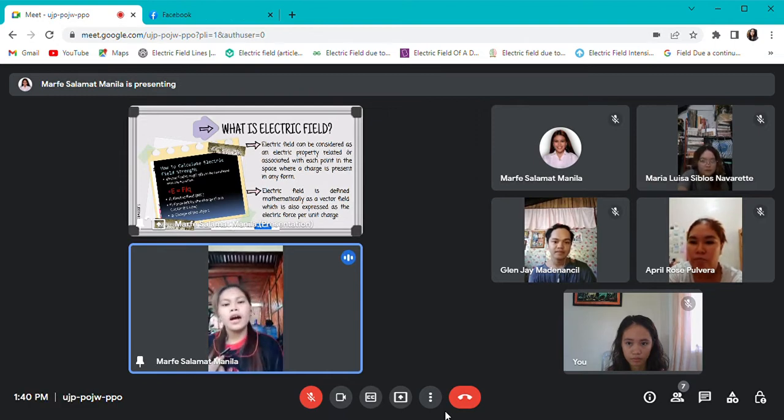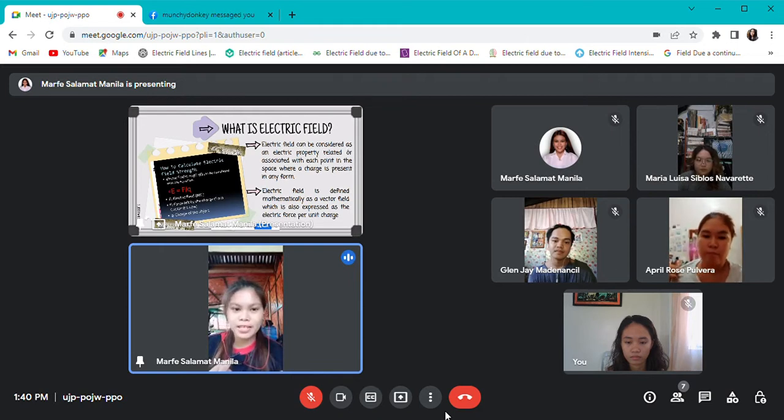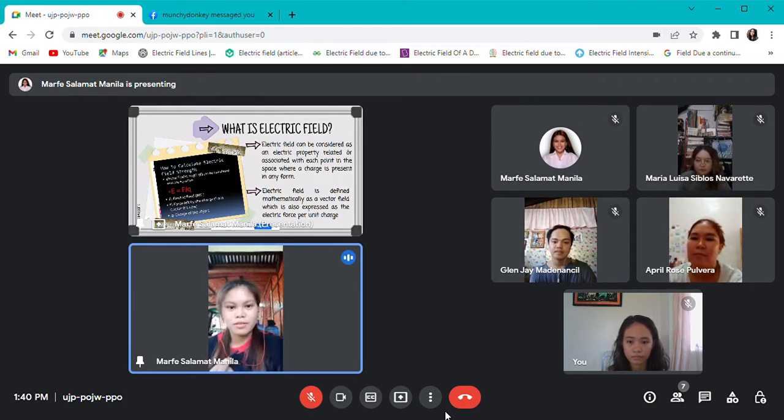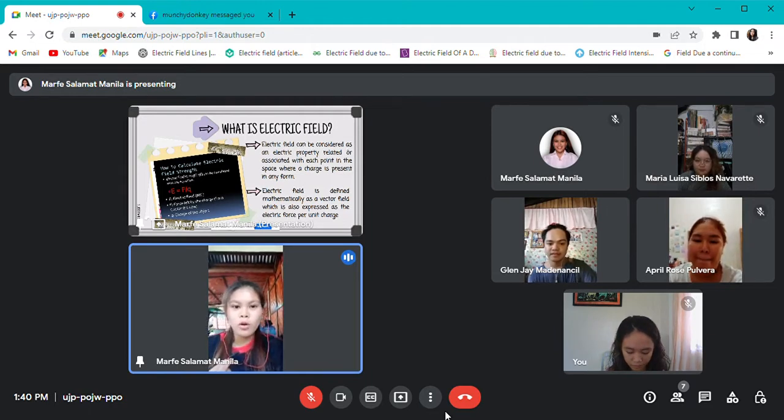When a positive point charge is present, the electric field is radially outward, and when a negative charge is present, it is radially inward. So any point in space that has charge, regardless of its form, has an electric field associated with it. Also, as Luisa mentioned, the value of E also indicates its magnitude and direction.